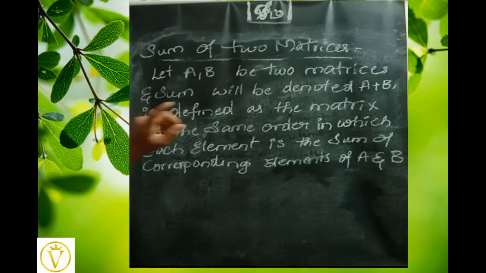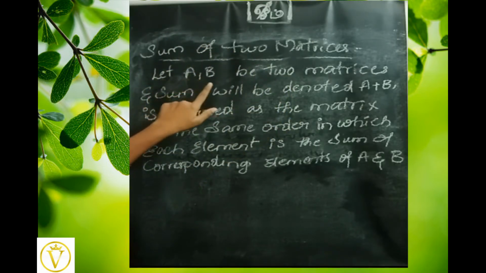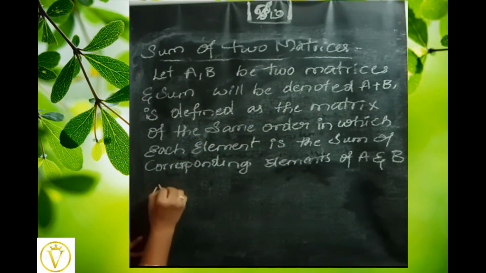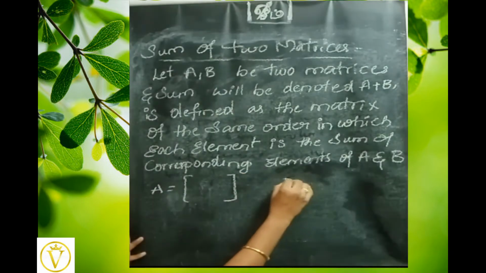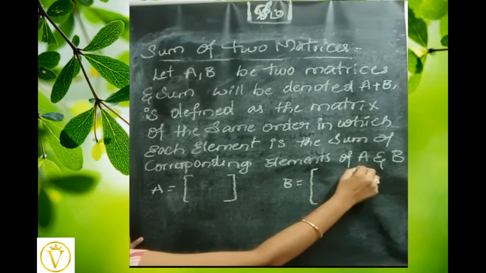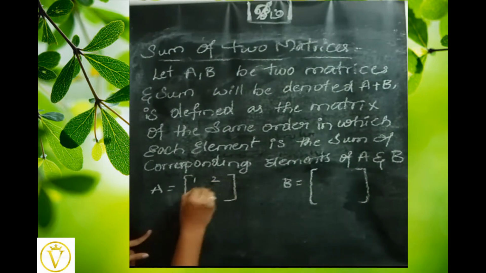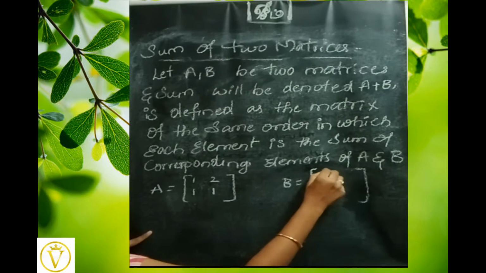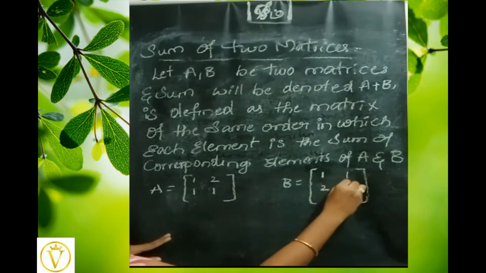sum of two matrices. We have to make the sum of two matrices. Let A and B be the two matrices. A is one matrix, B is another matrix. I have taken the elements 1, 2, 1, 1; you can take whatever elements, 1, 1, 2, 1.